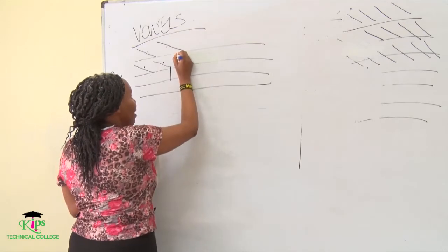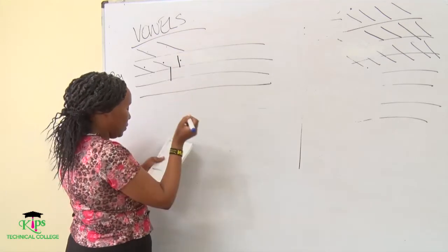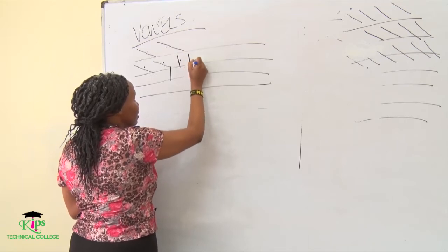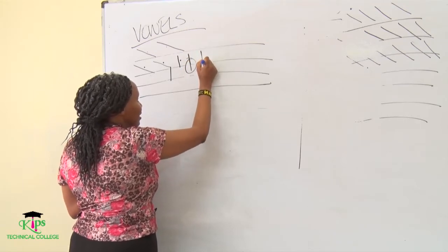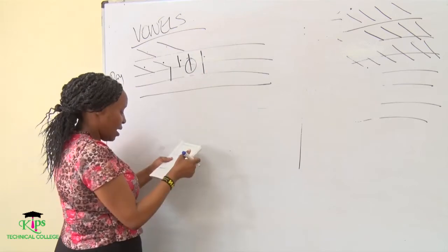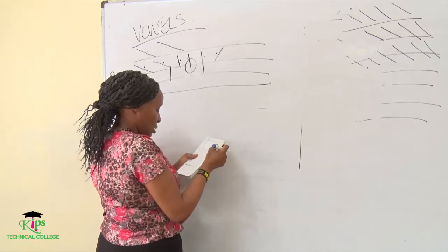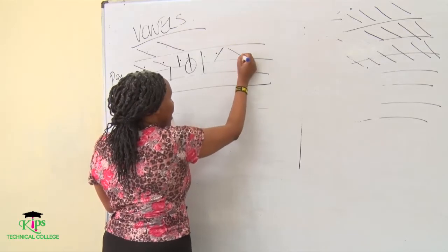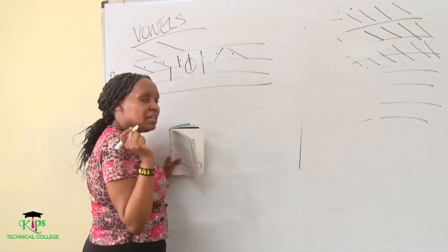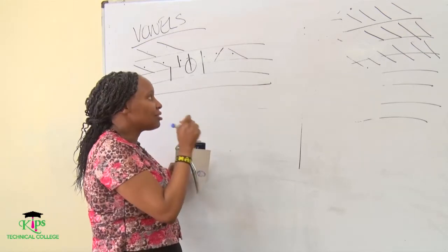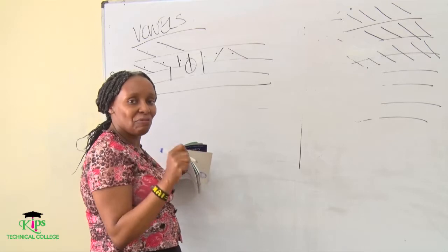Okay, we've got a word like day, we've got date, we've got age, and remember, in shorthand, when you're drilling the vowels, don't put the vowels before the outline.